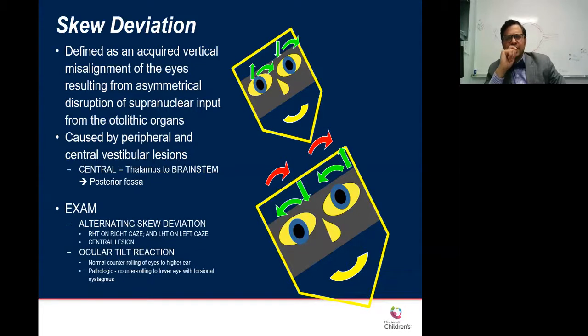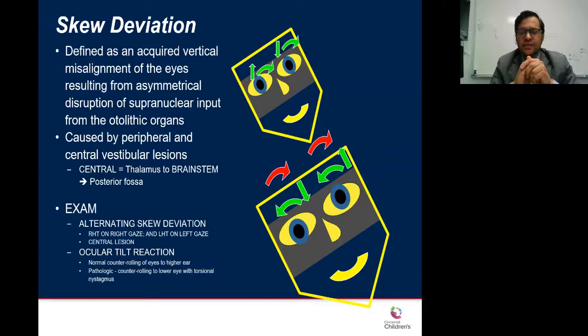So you can have lesions anywhere from the thalamus to the brainstem, but mainly it is posterior fossa in nature. Adults and children with posterior fossa tumors can have some degree of vestibular issues. They're having skew deviation, and they'll talk to you about a vertical diplopia.